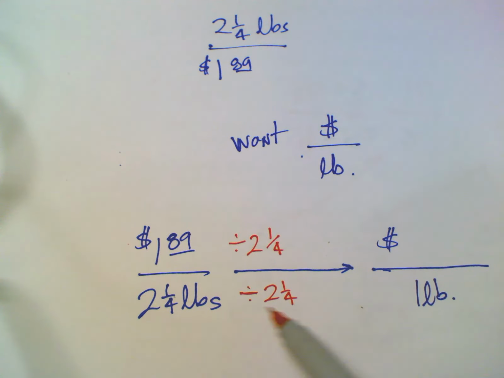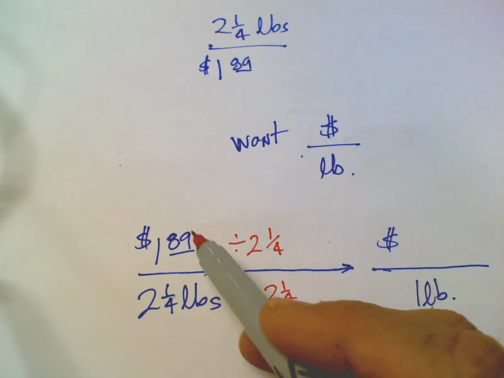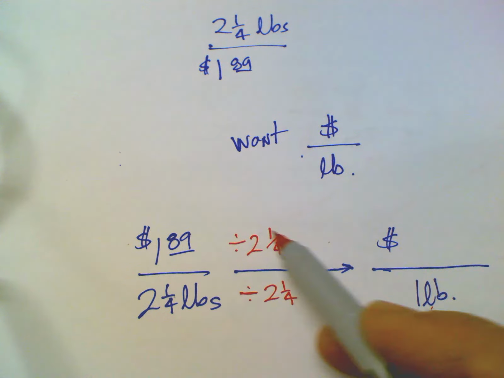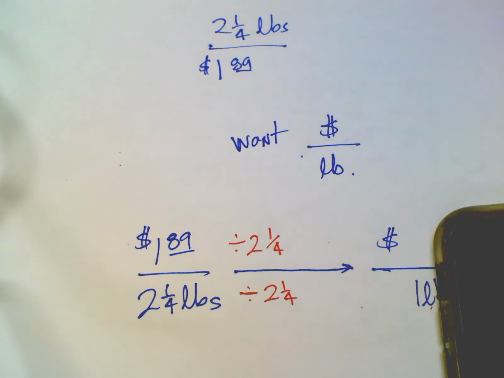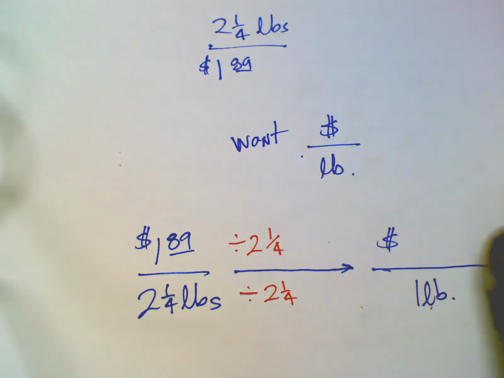If I'm dividing 2 1/4 by 2 1/4, what do I get? I get 1. So now I've just got to divide the cost by 2 1/4, and that'll give me my cost per pound. Let me get my calculator on. I'm going to do this with a calculator.